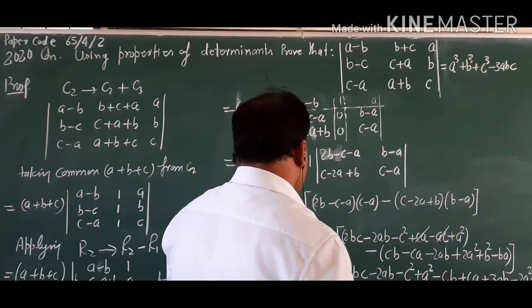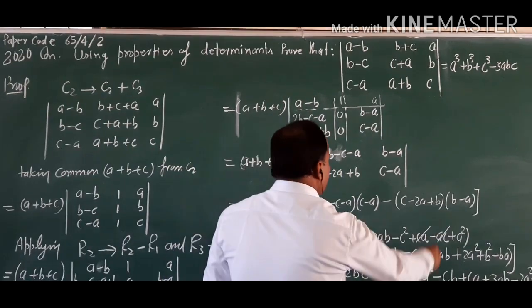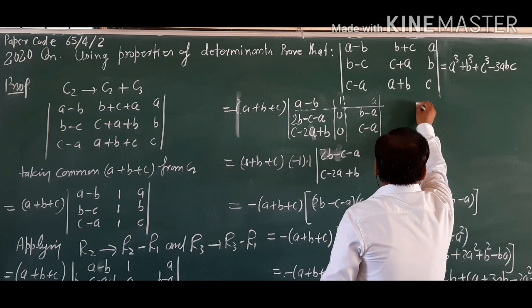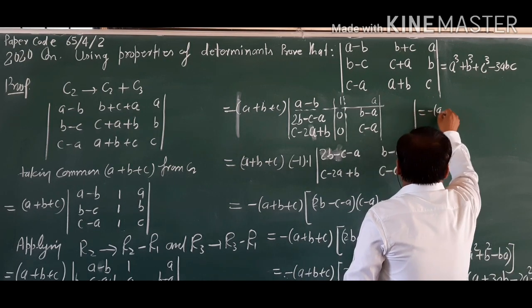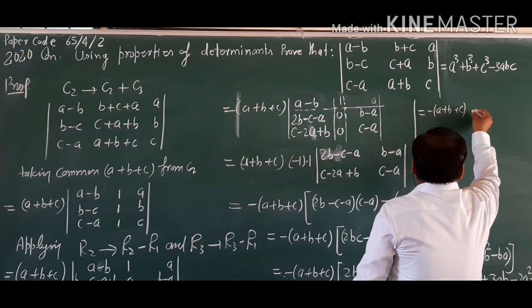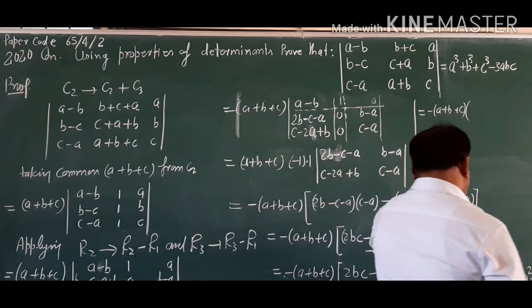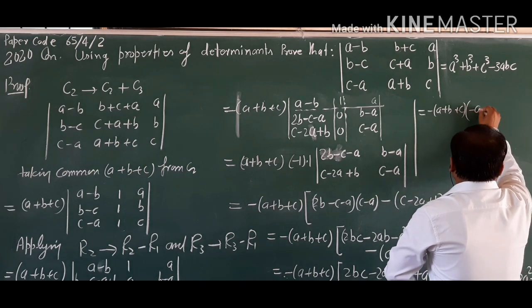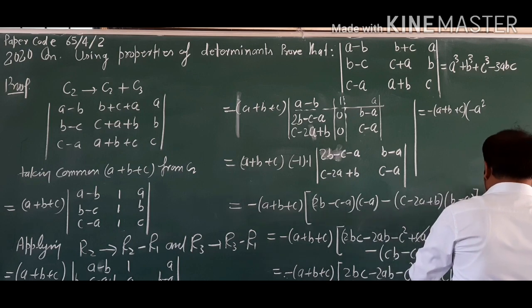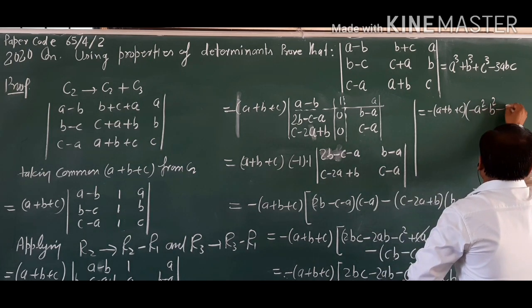Now we should observe what we get in the last. Here we should continue. We have minus a plus b plus c, and in the bracket if you observe, we have a square with minus 2a square, minus a square, here minus b square, here minus c square.